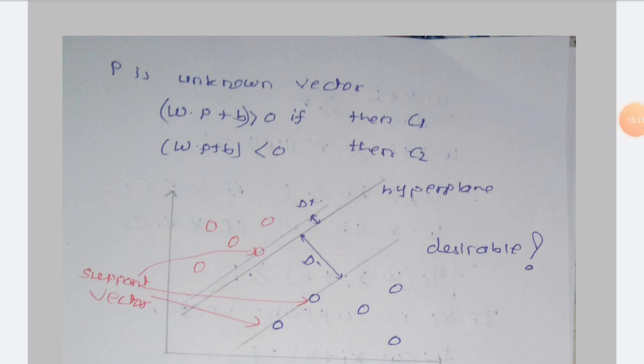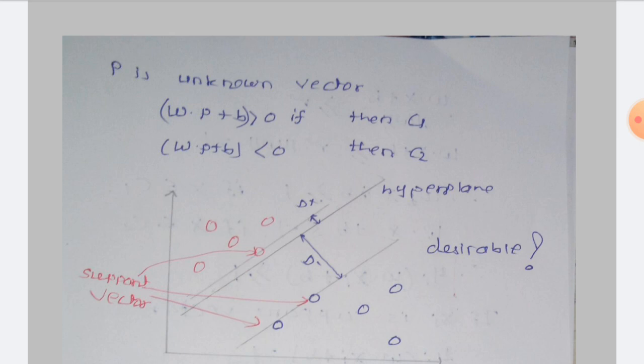Once we get W and b, we can check for an unknown data point. Suppose the unknown feature vector is p. We don't have yi here, because previously we checked the equation for the training data set, where we know whether it belongs to C1 or C2, so we can decide yi as plus 1 or minus 1.